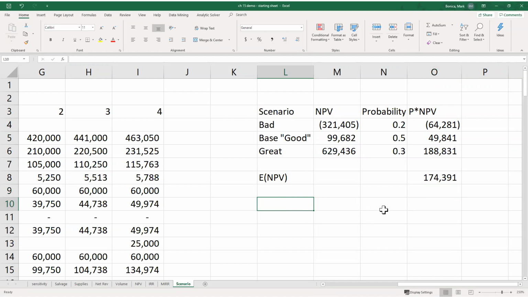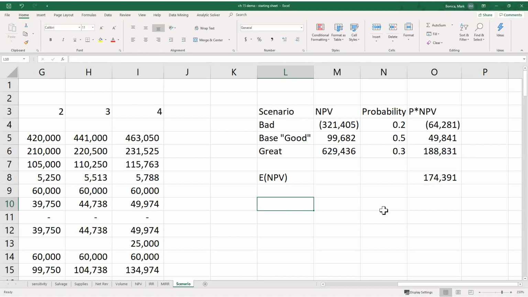Okay, so we've got NPV. And so that gives us kind of our expected outcome, but it doesn't tell us how risky this is to us. So how do we measure risk? We want to calculate what? Good.